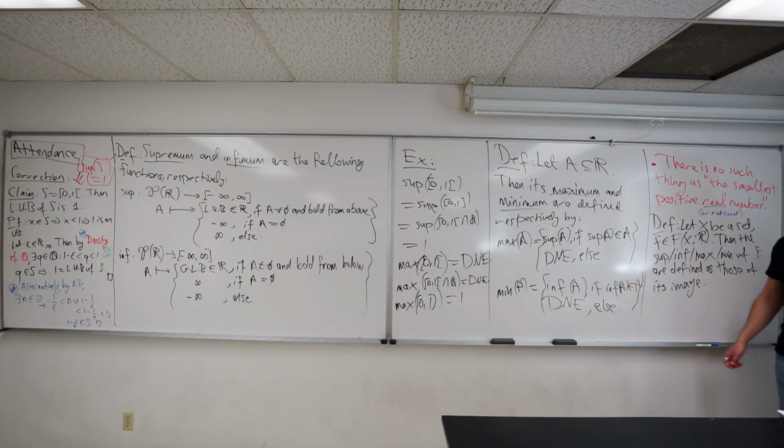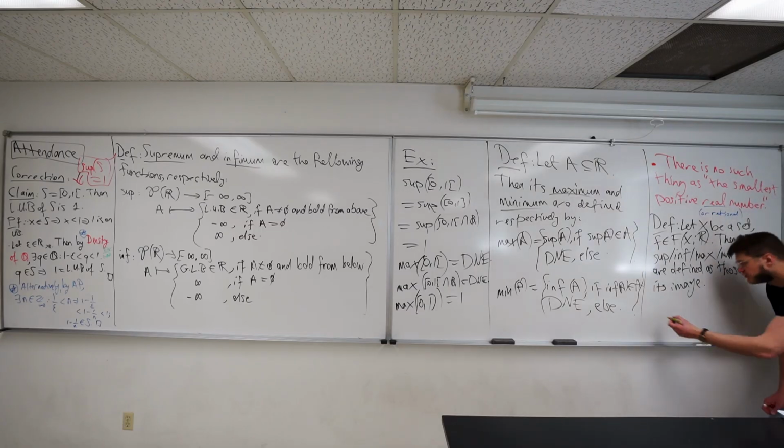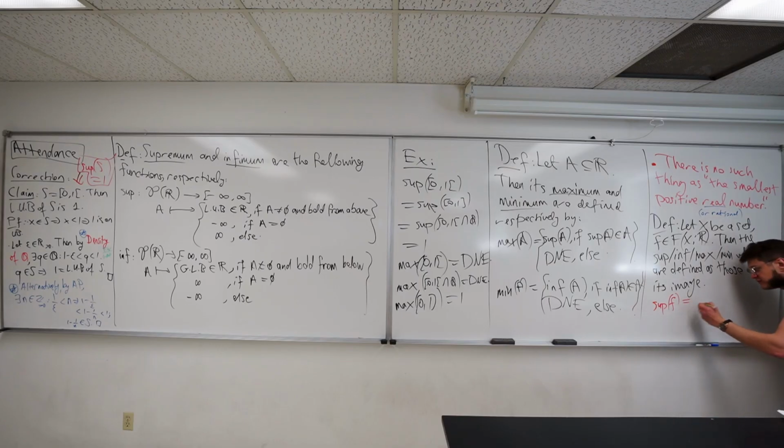So for instance, I'll just introduce this notation. You would see sup of f. This means sup of the image of f, which is the same thing as sup of the set of all those f of x such that lowercase x varies in uppercase X. Instead of looking at the function, which I cannot really make sense of directly, I look at the image.